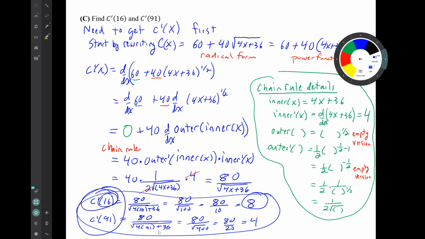So another way of saying that, some terminology that the book uses, is this would be roughly the cost of producing that 17th ventilator.